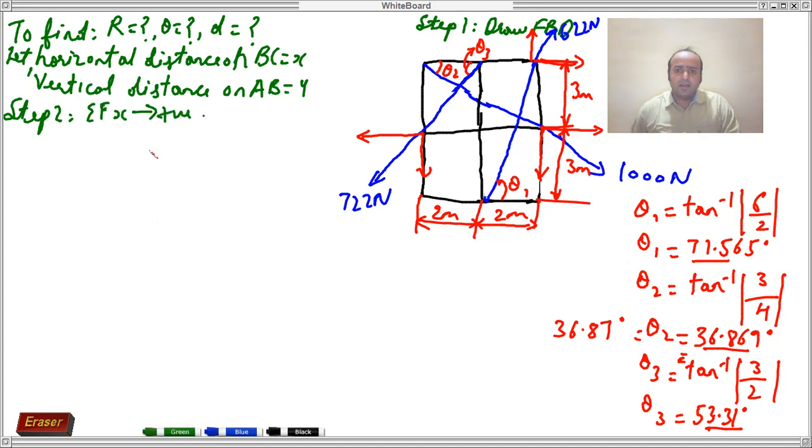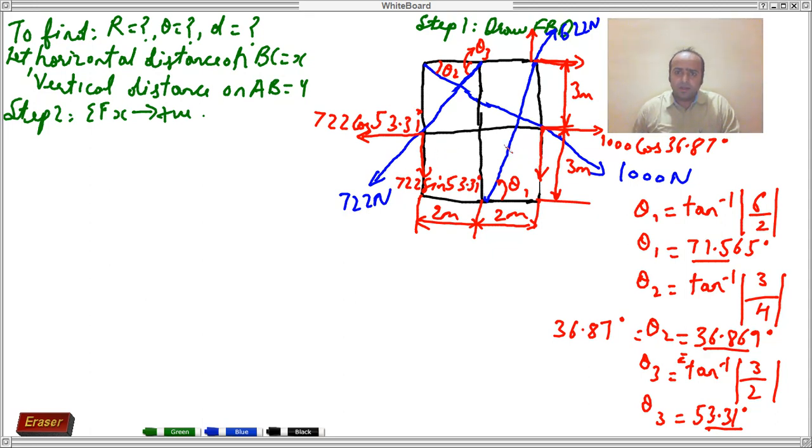Just before that, I'll be writing the values over here, because this was theta 3. So 722 cos of 53.31 degrees, this will be 722 sine of 53.31 degrees. Same way, 1000 cos of 36.87 degrees, should not forget to mention.